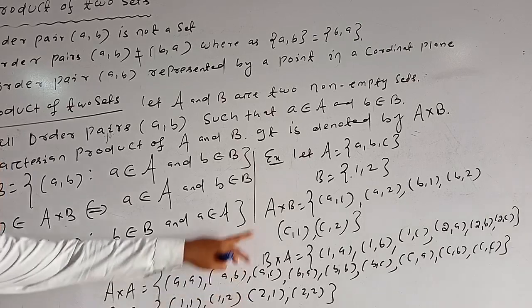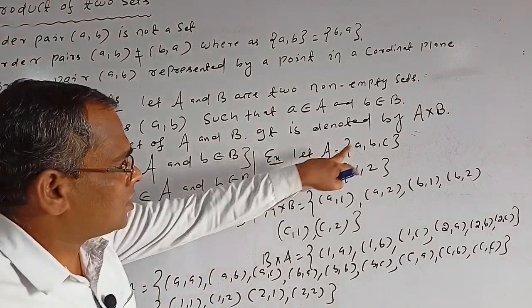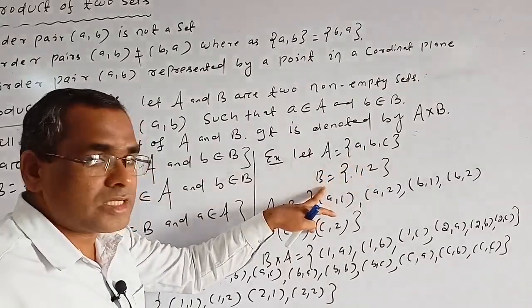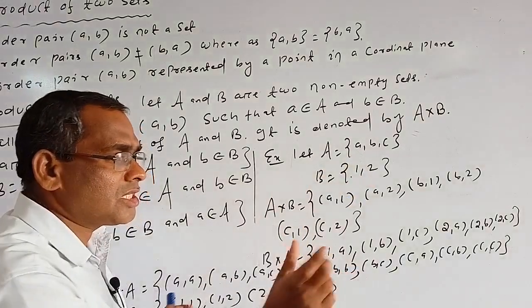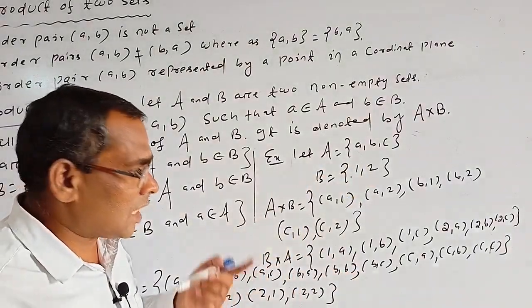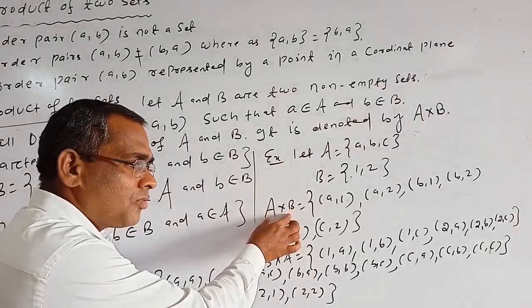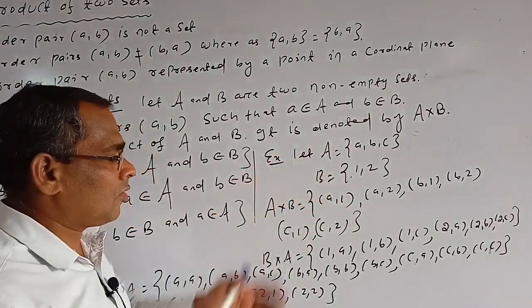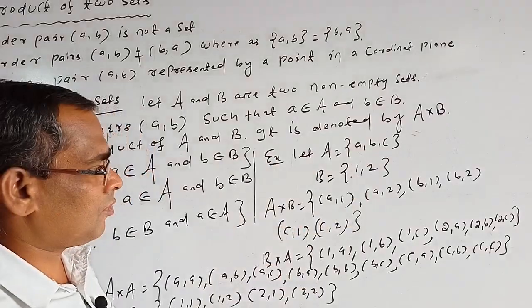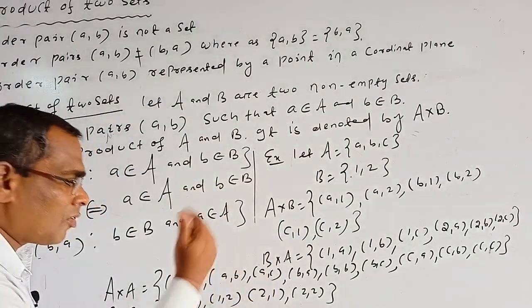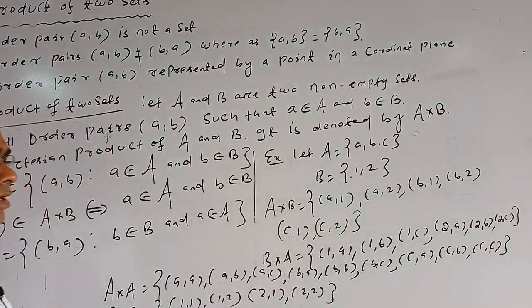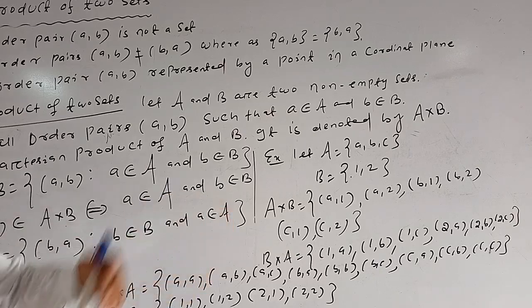That means here the number of elements of set A is 3, the number of elements of set B is 2, whereas the number of elements of A cross B is 6. So 6 is the product of 3 and 2. That's why the number of elements of A cross B is equal to the number of elements of A into the number of elements of B. Similarly, the number of elements of B cross A is equal to n(B) into n(A), and n(A cross A) is n(A) multiplied by n(A).